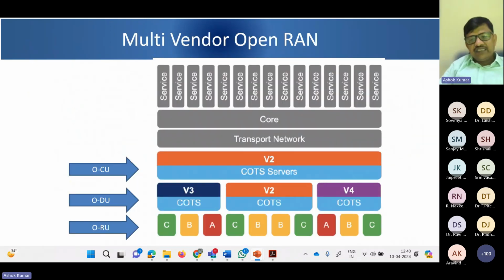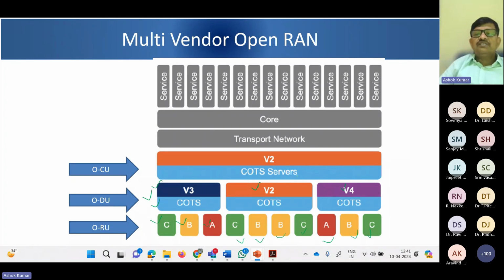So what we achieve if we follow the ORAN Alliance is that I can buy the radio, the RU part, from multiple vendors, say vendor C, vendor B, vendor A, and I have deployed multiple radios across a city, across a geography. And our distributed unit can be deployed on COTS, commercially off-the-shelf hardware. That can come from, say, vendor 3, vendor 2, vendor 4, multiple vendors, right?